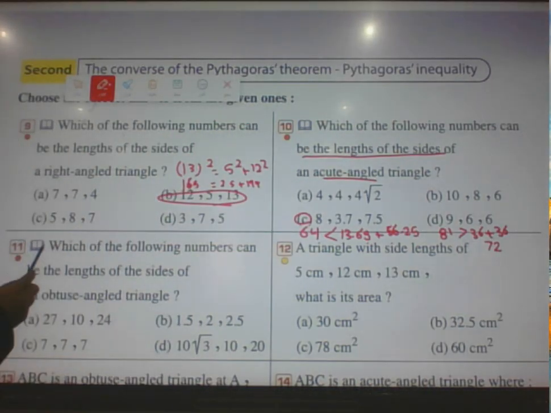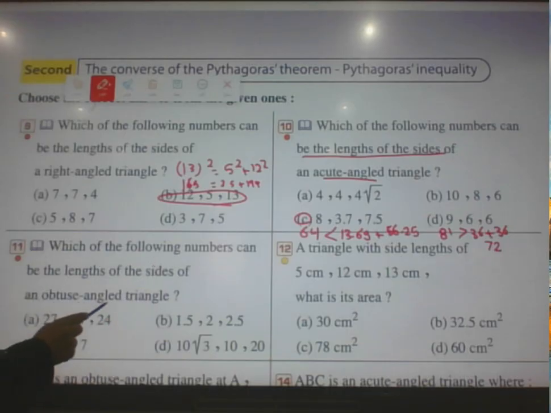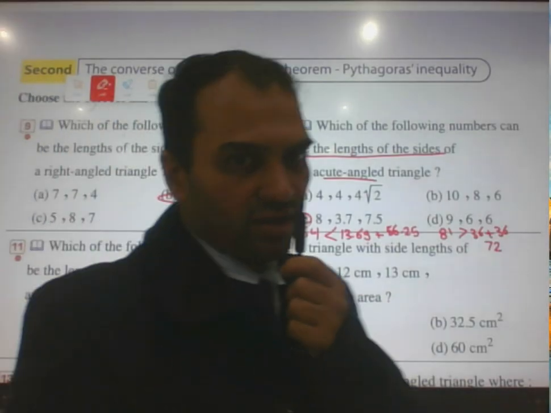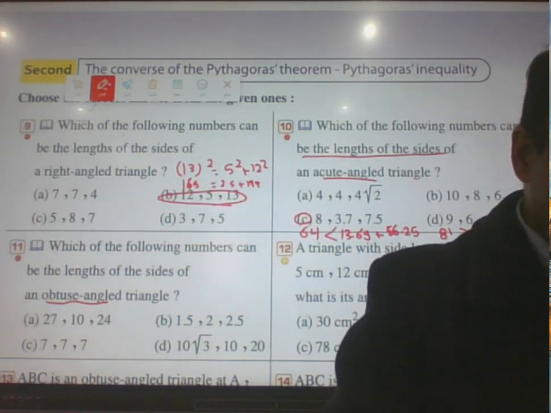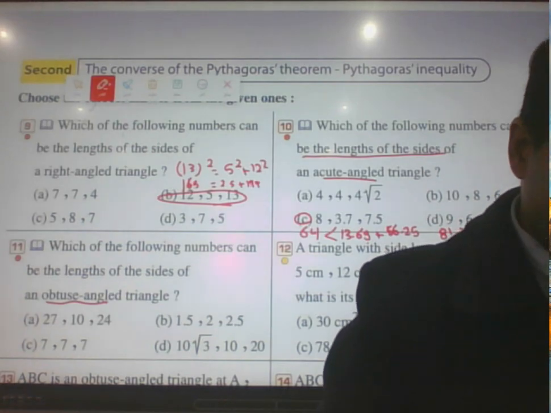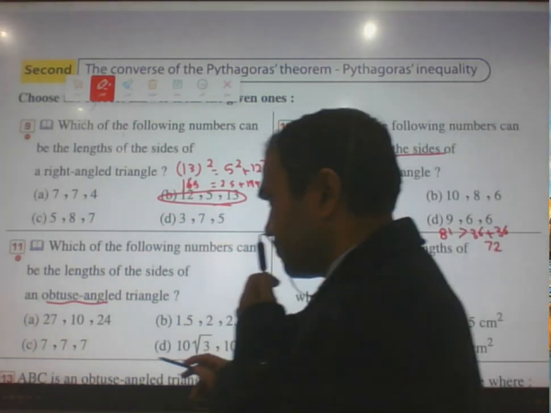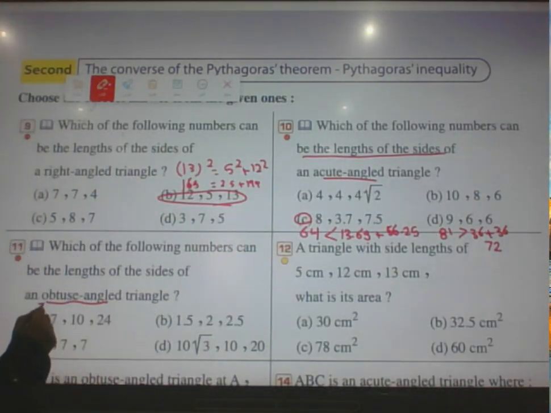Okay, next question. Which of the following numbers can be the lengths of the sides of an obtuse angle triangle? It means the greatest number squared is greater than the sum of the other two squares. We can first find 27 squared. 27 times 27 will be 729. And 10 squared is 100.